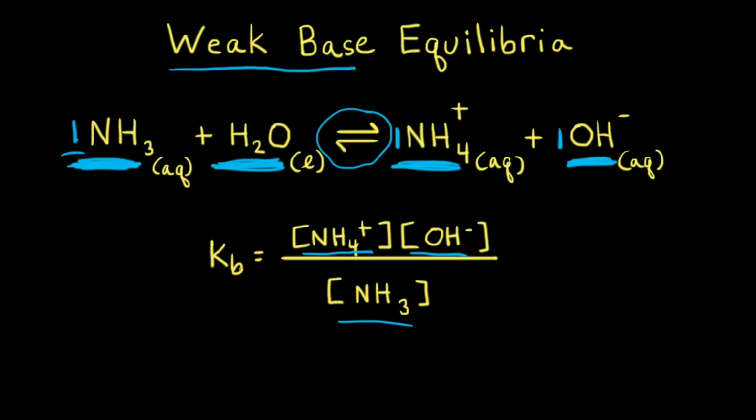The equilibrium constant K has a subscript of b, which stands for base, and this Kb is called the base ionization constant or the base dissociation constant.